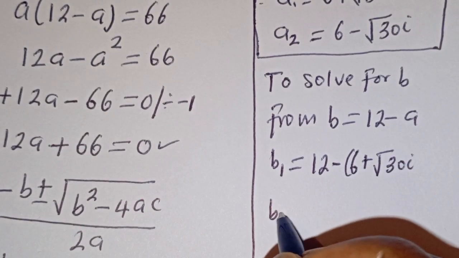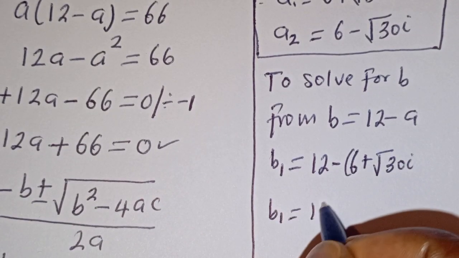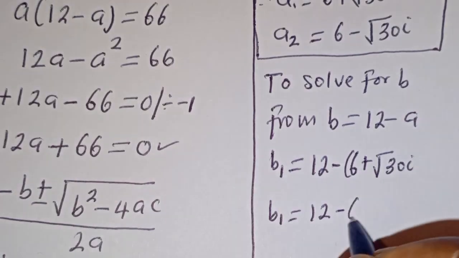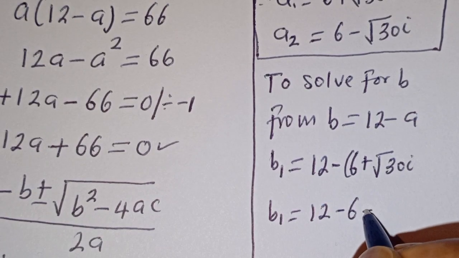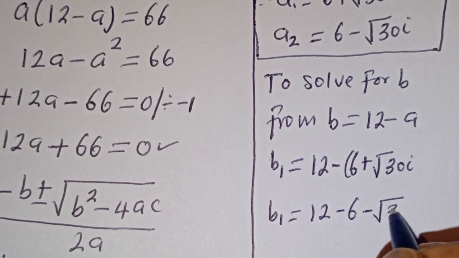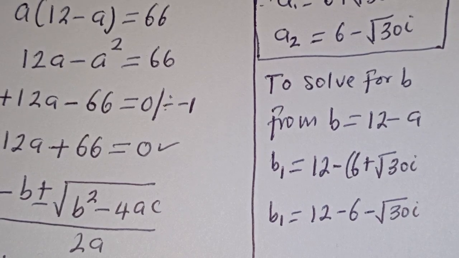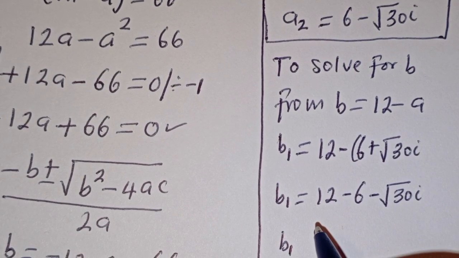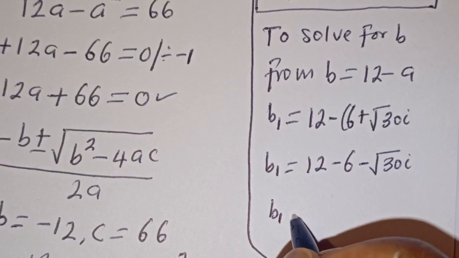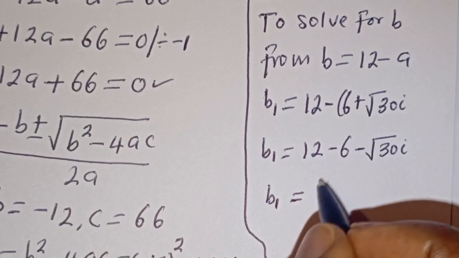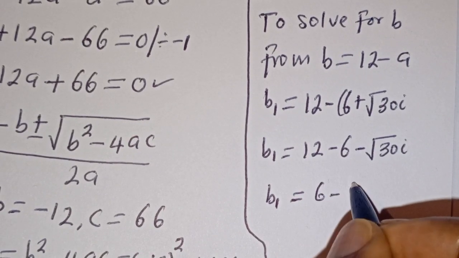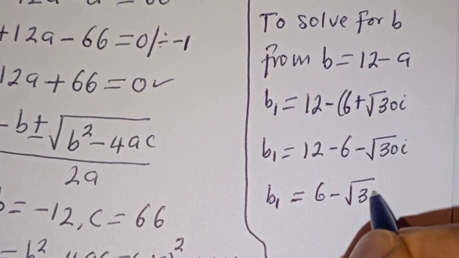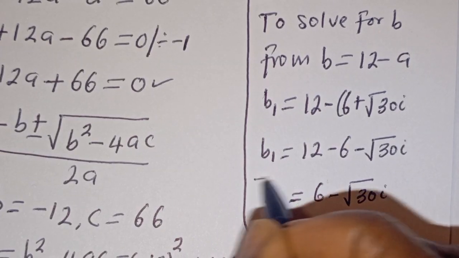Then b1 is equal to 12 minus 6, minus times plus, this is minus square root of 30i. b1 is equal to 6 minus square root of 30i.